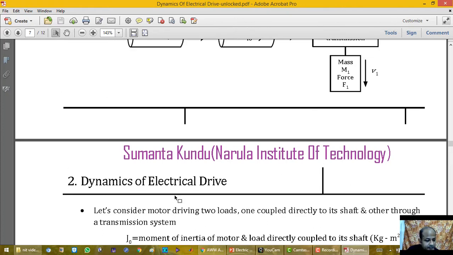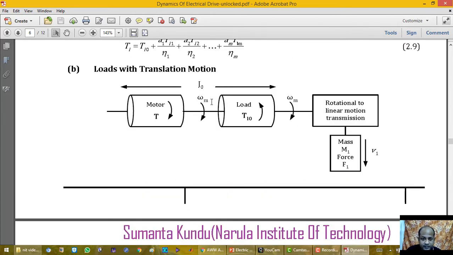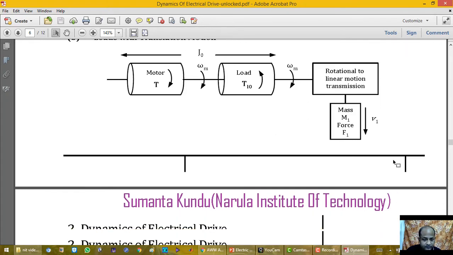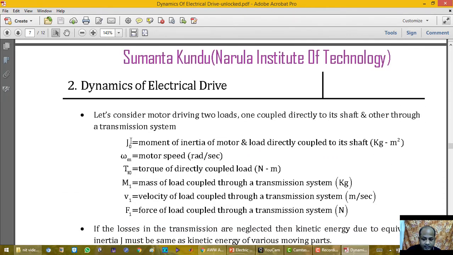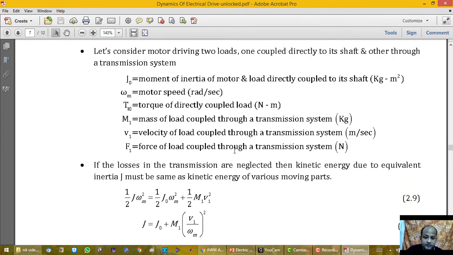Similarly, for the two loads there are two sets of parameters: J0, omega m, T L0, and for this it is m1, F1 and v1. So J0, omega m, T0 are respectively the moment of inertia, speed and torque of the directly coupled load which is connected with the motor shaft directly, and m1, v1 and F1 are the mass, velocity and force of the load coupled through the transmission system.